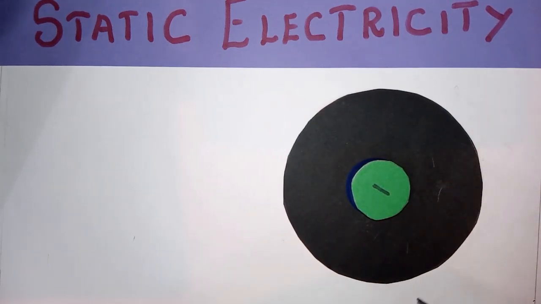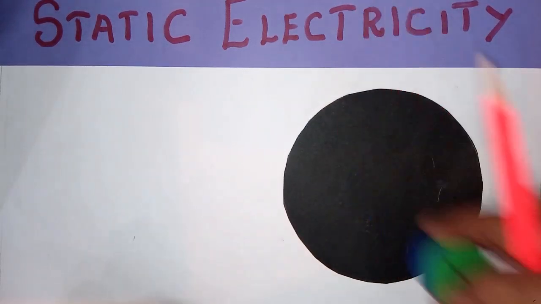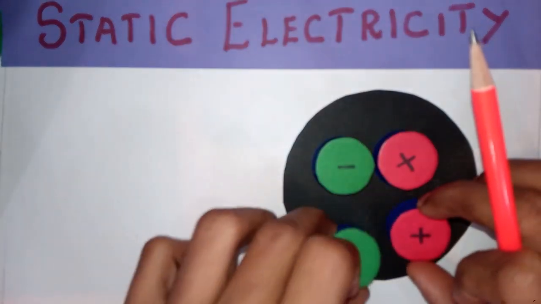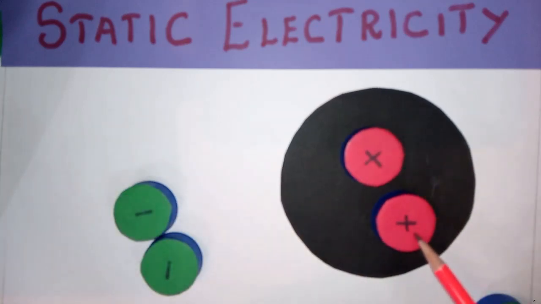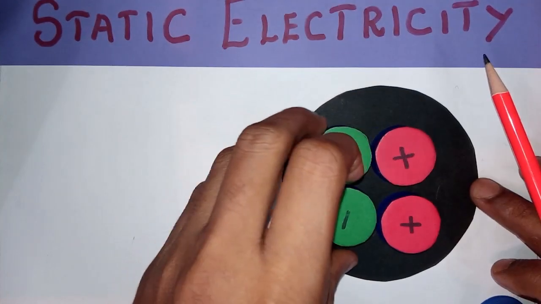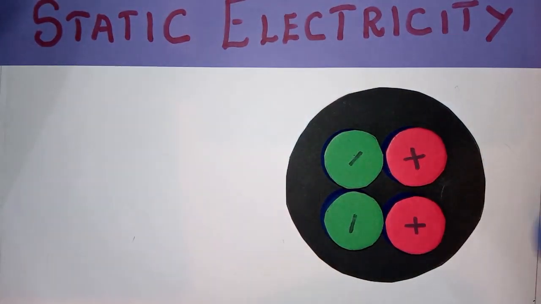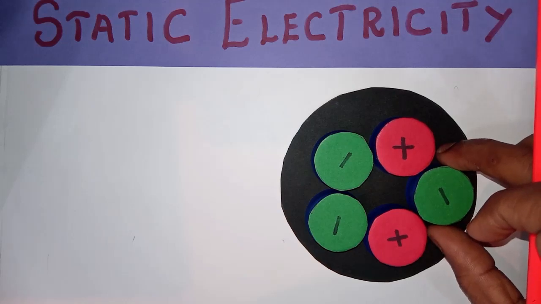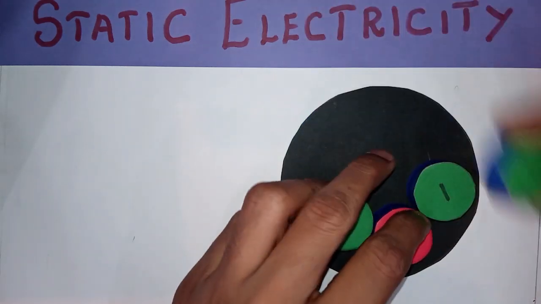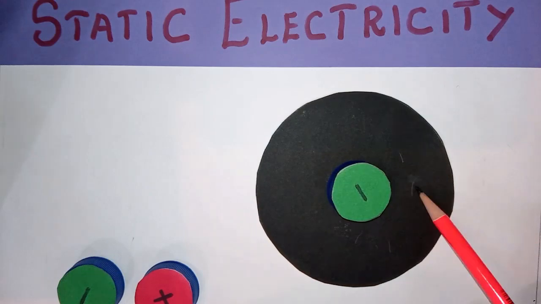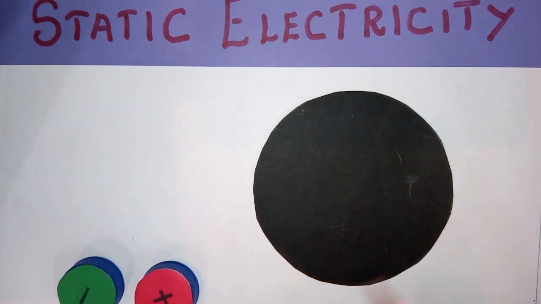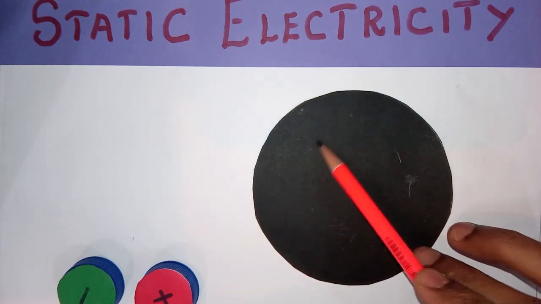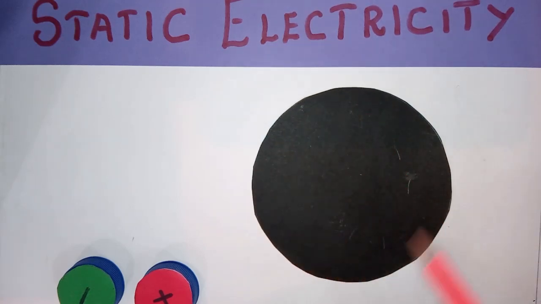I hope you are getting it. I am going to repeat. When an object loses electrons, it remains with a positive charge. Again, it is a neutral object. When an object gains electrons, it becomes negatively charged. You all agree that it is a neutral object, the number of plus and minus present in this object is the same.